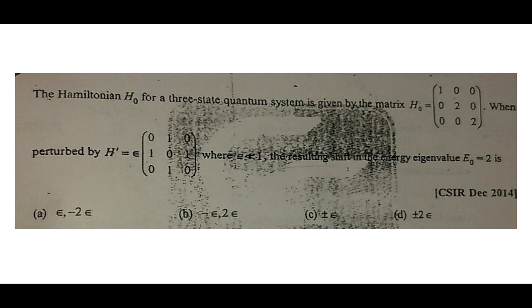So, sir, I should take the eigenvectors corresponding to lambda equals 2 for the H naught? Exactly. You have two degenerate eigenstates, right? For that you can find the perturbed Hamiltonian for those two states only.